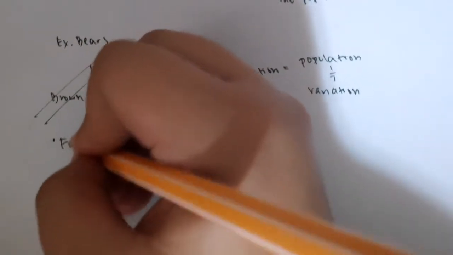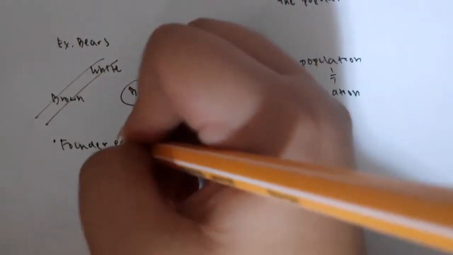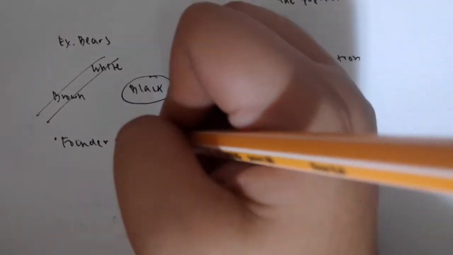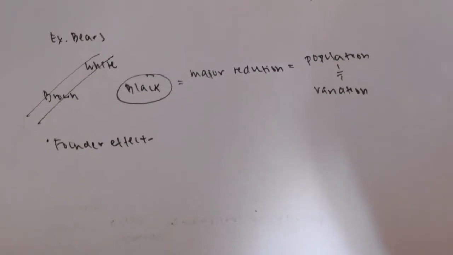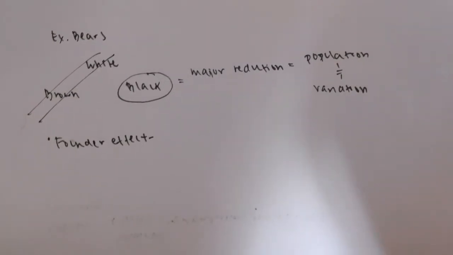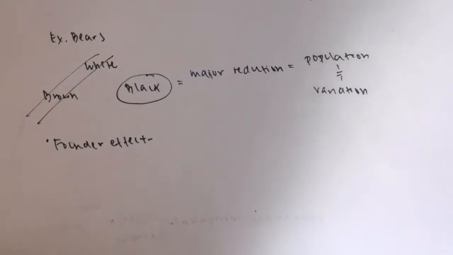The second type is the founder effect. The founder effect happens when a few of the population is isolated from the rest.